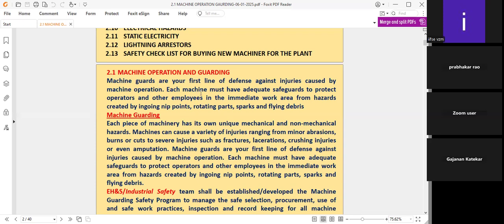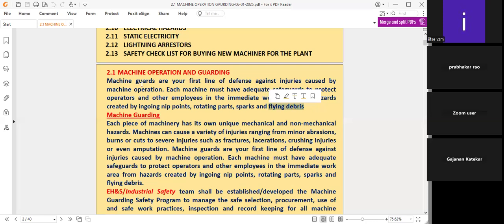Each machine must have adequate safeguards to protect operators and other employees in the immediate work area from hazards created by ingoing nip points, because there are movable parts, motors, pumps, rotating parts, and sparks and flying debris. Here the flying debris means dust in the atmosphere.